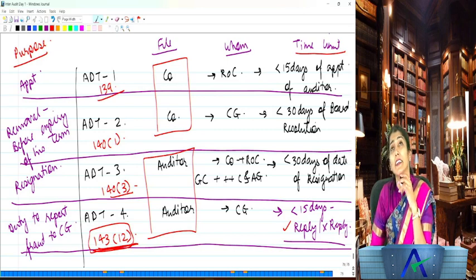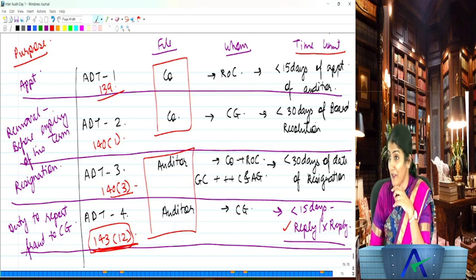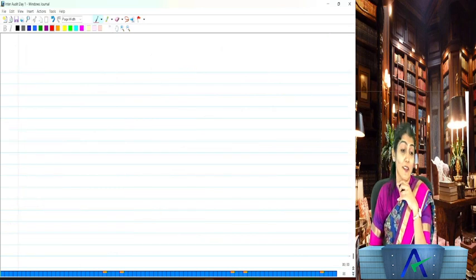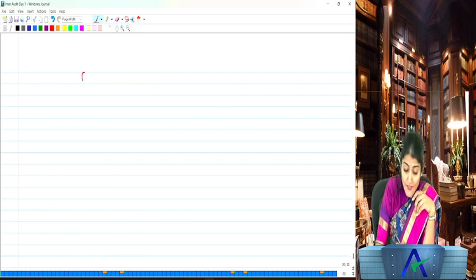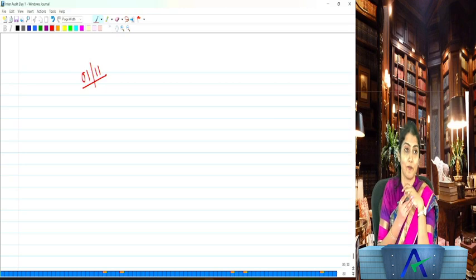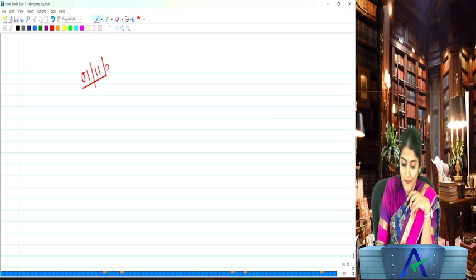Today can be any date. Sometimes I say 20th August, sometimes I tell you today is 25th April. Now I am telling you today is 1st of November. You have no option but to believe me. Okay, so today morning the auditor woke up and he says, no, I don't want to continue with this audit. 1st November 2026, auditor of the company resigned.